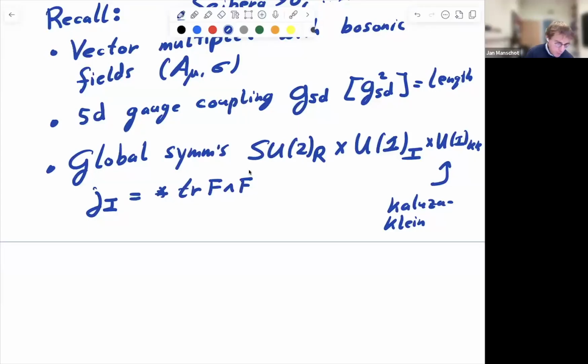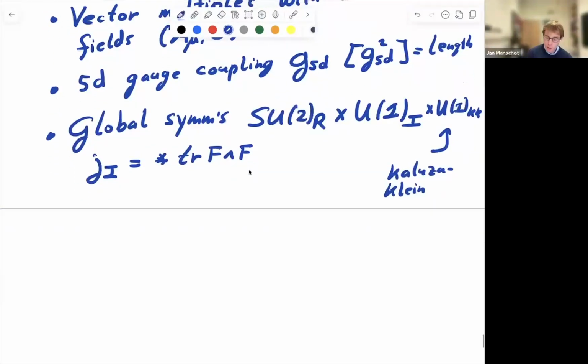Again, a bit similar to what we did before, we will weakly gauge this U(1)_I symmetry, just as we were gauging the flavor symmetry in the 4D theories.